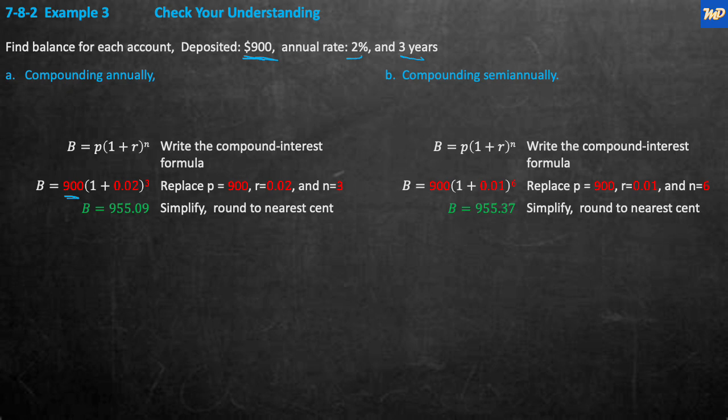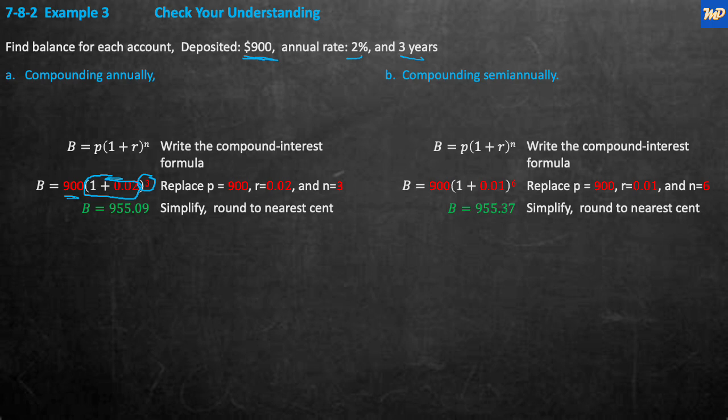If you're going to do the problem, you can't multiply the 900 first. If you remember PEMDAS, PEMDAS says you have to do what's inside the parentheses first, and then you have to raise that to the power, in this case, the power of 3.